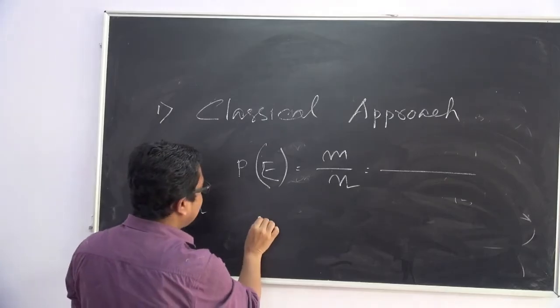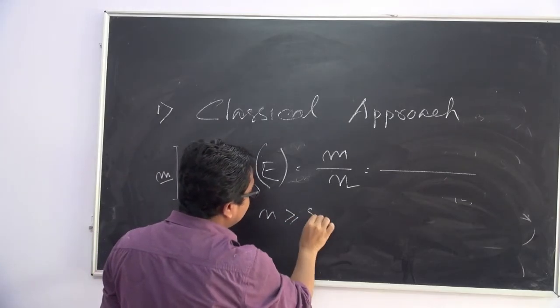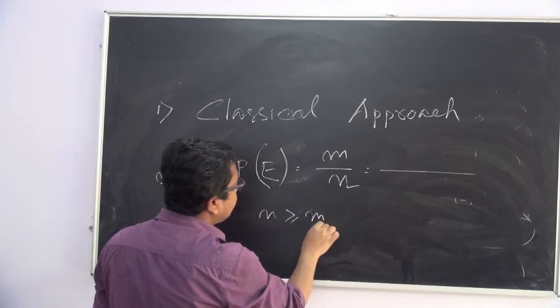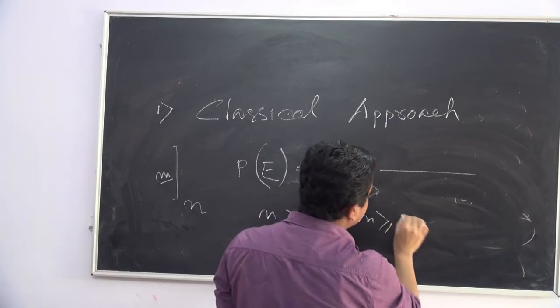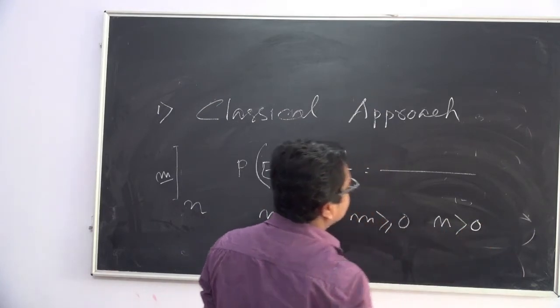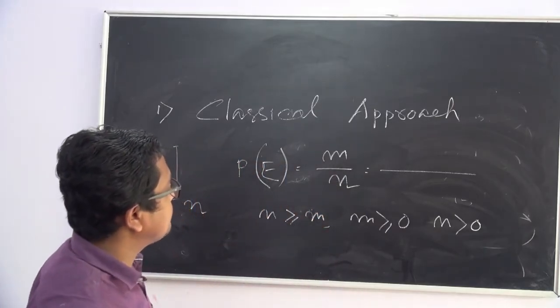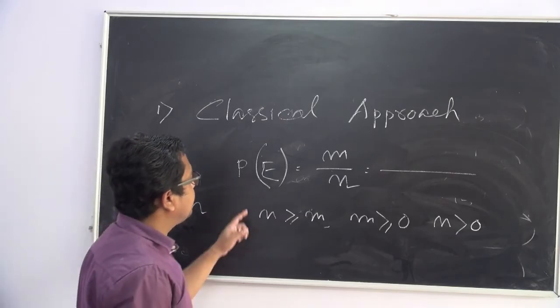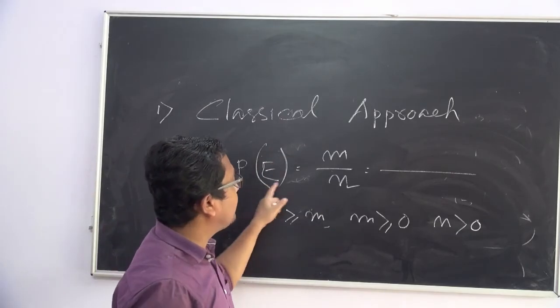Obviously here n is greater than or equal to m, m is greater than or equal to 0, and n is greater than 0. So that means whenever m is equal to 0, P of E will be 0.